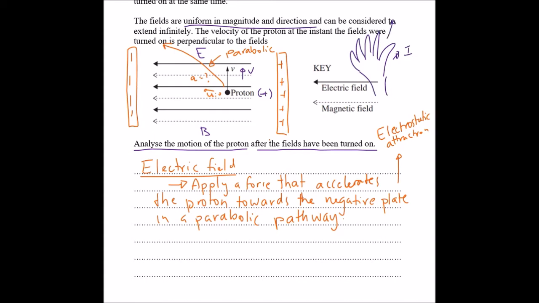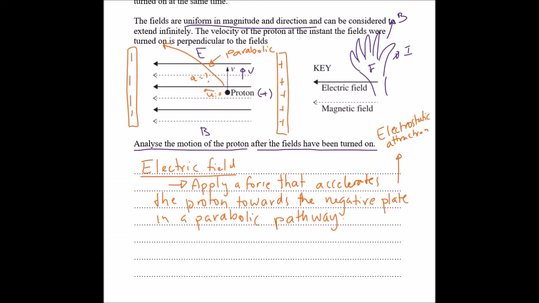The direction of your fingers is the magnetic field, and the perpendicular direction for the face of your palm is going to be the force. So if I look at this, the proton is moving up the page. So my thumb, if you try and imagine it with me, is going up the page as well.